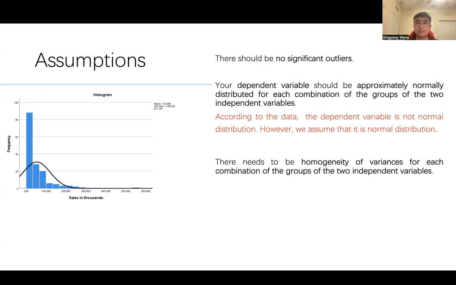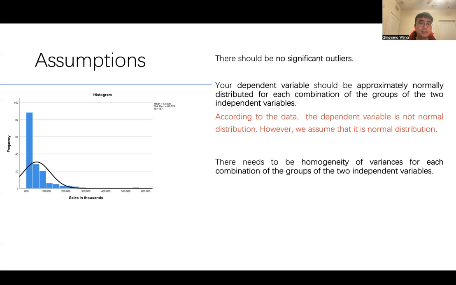The next assumption is that there should be no significant outliers. Yes, it is. The next one is very important: your dependent variable should be approximately normally distributed for each combination of the groups of the 2 independent variables.